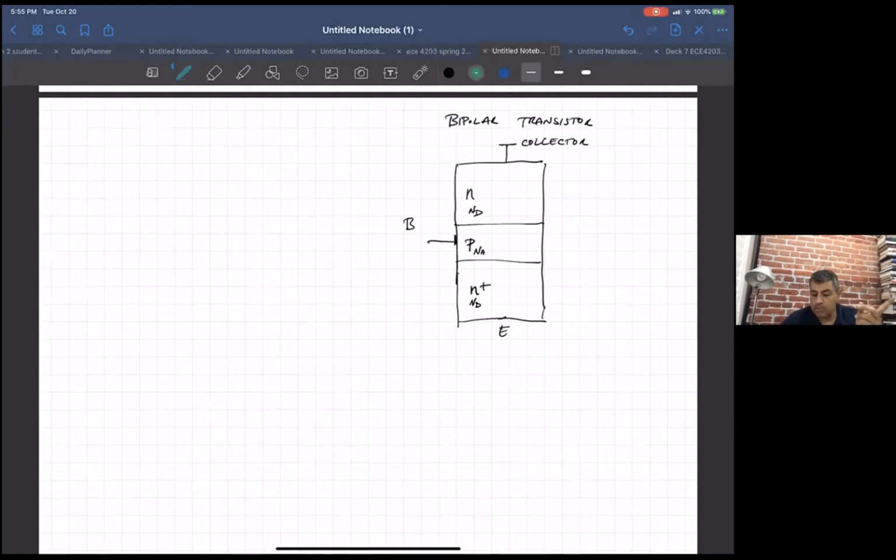So it comes designed with a high doping concentration on the emitter, and it comes designed with a very narrow base width. So this is the point of a transistor.